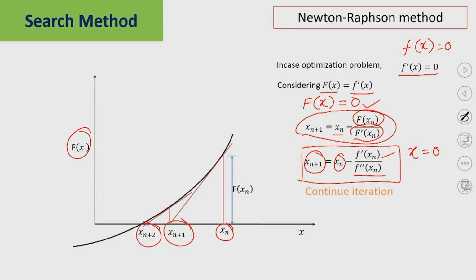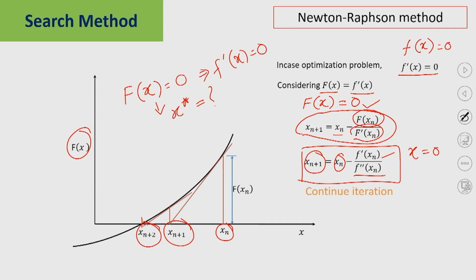After some iterations I will get the root of capital F(x), that means the first derivative is equal to 0, and whatever solution you get will be the stationary point. So, I can apply this Newton-Raphson method also for finding the optimal solution of a single variable function.